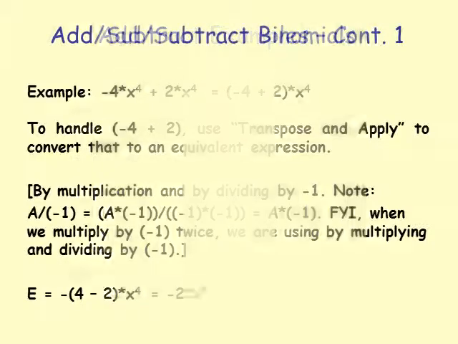Let's continue with add and subtract. This time we would do binomials. That means we would take expressions consisting of two terms. Let's continue here. My E1 is minus 3 times x cubed plus 8 times x fourth. So it has two monomials.